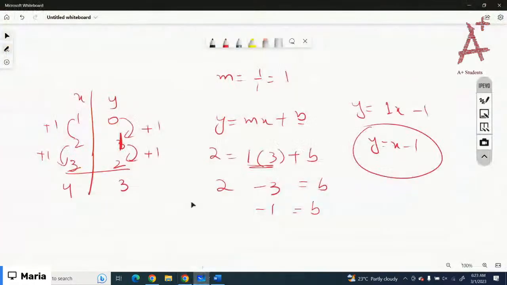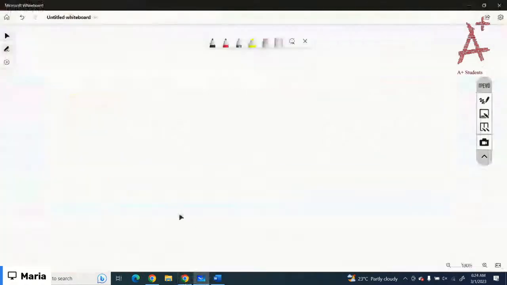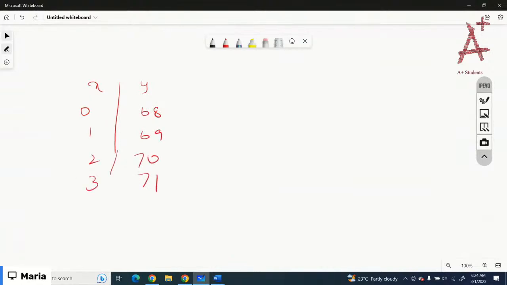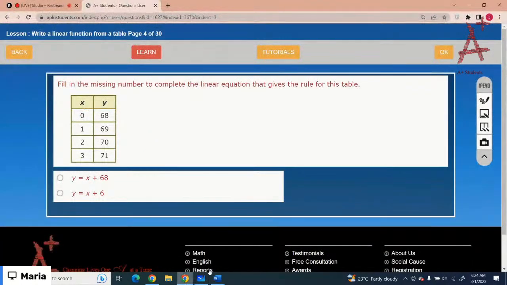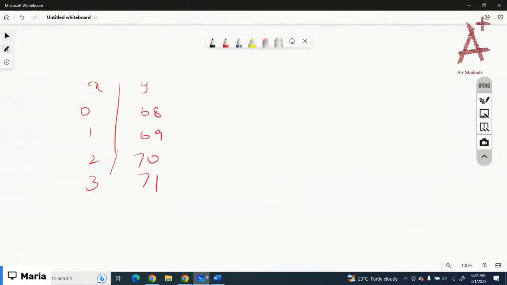Okay, the next one is 0, 68; 1, 69; 2, 70; 3, 71. Okay, just look at the slope. So 68 plus 1 is 69, 0 plus 1 is 1. That means the slope is 1. Got it?